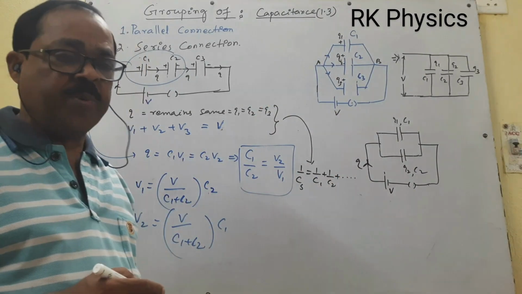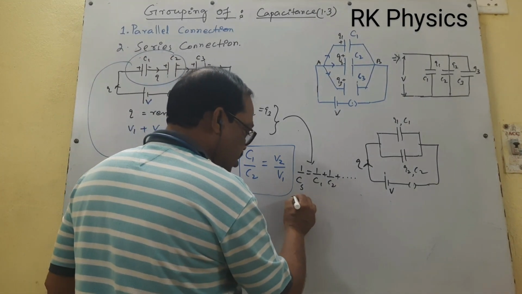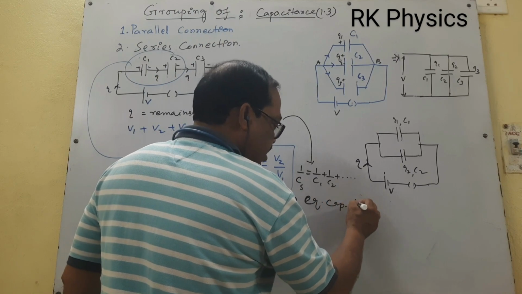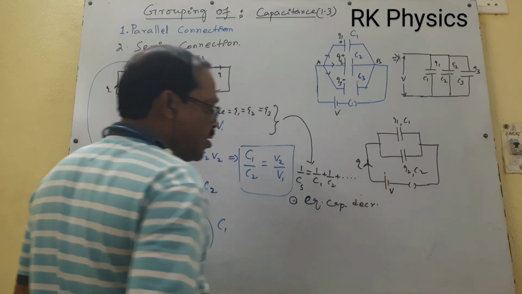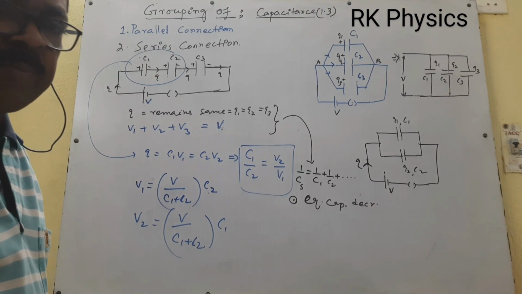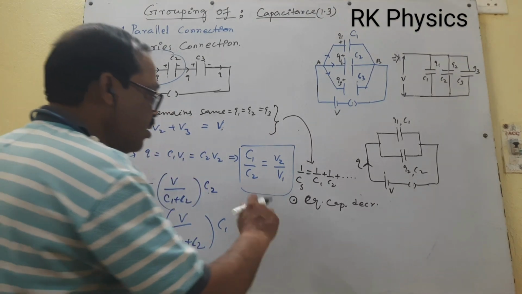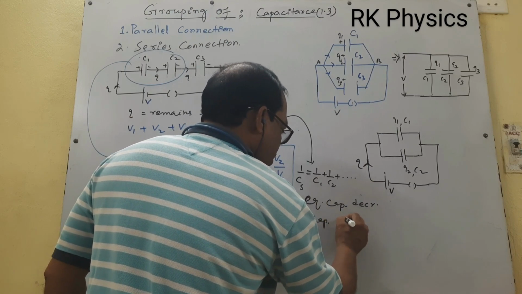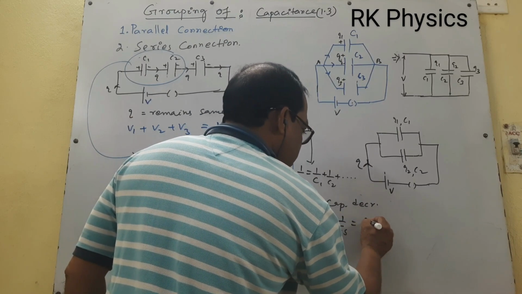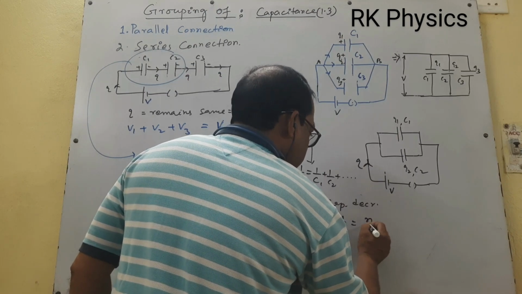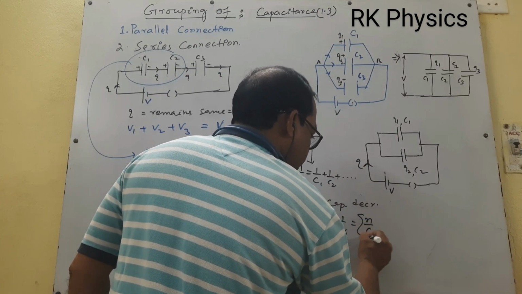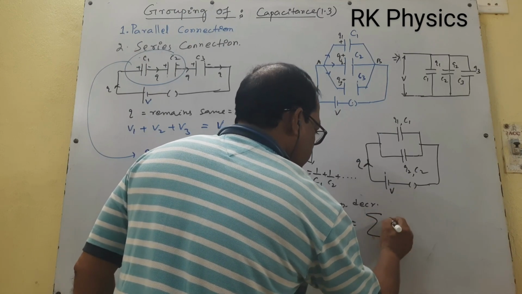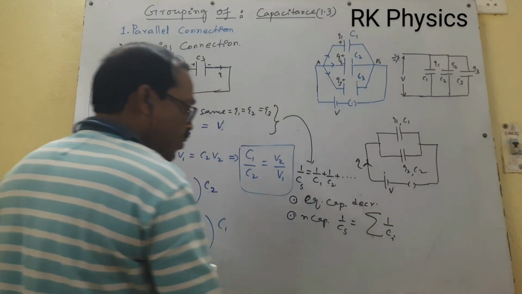So, in series grouping, the first property: in series grouping, equivalent capacitance decreases. This is the first point. Now, the second point is, for n capacitors, 1 by Cs is sigma 1 by Ci.